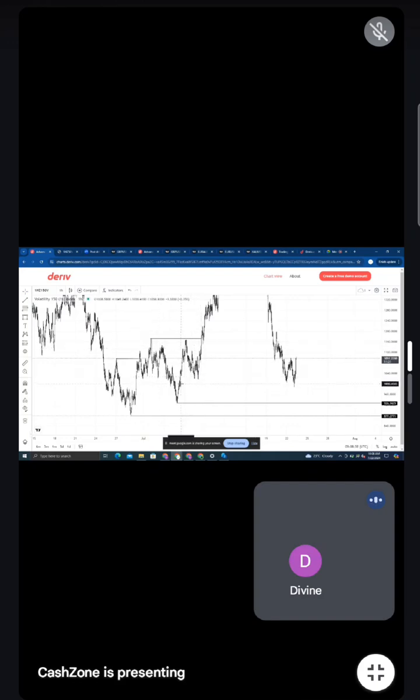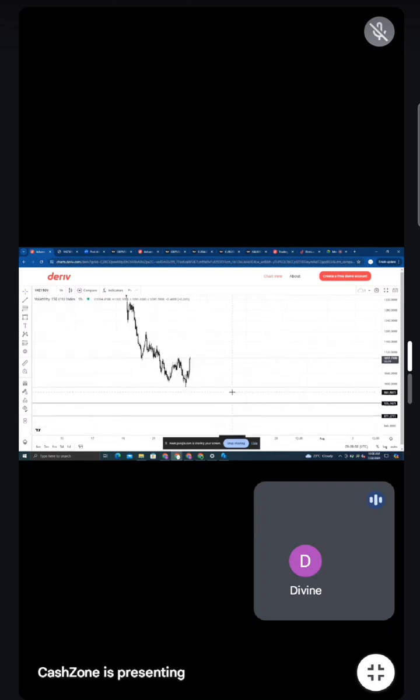But I didn't see any valid order block right here to make this a valid trade. That's why I took this point as my liquidity. So I'm expecting price to sell to this point.